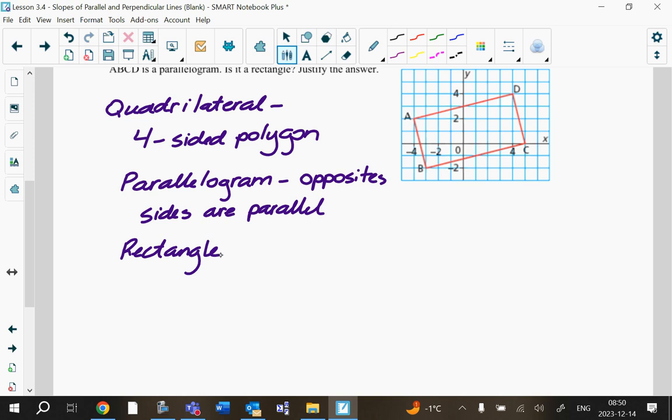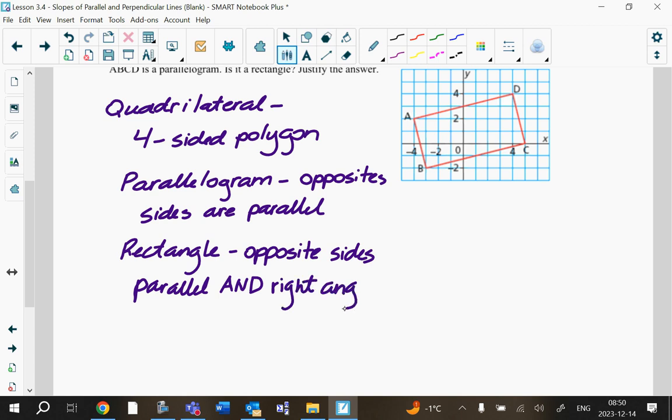So we would say a rectangle, opposite sides parallel, and right angles. If it doesn't have right angles, it's a parallelogram. If it does, it's a rectangle.